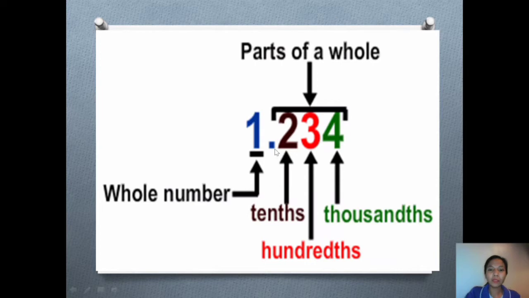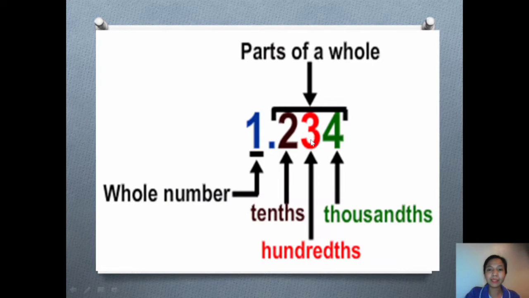So these are called place values. Let's discuss this further. From the decimal point, the first number after the decimal point is tenths.